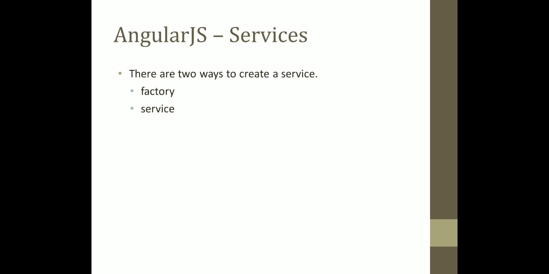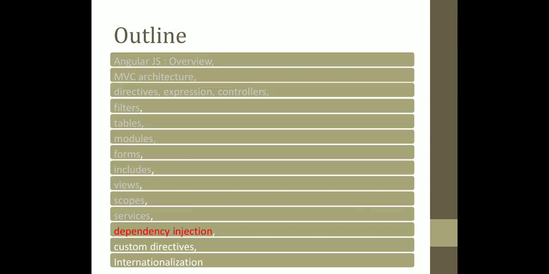Okay, so what is dependency injection, and custom directives plus internationalization, that we will continue with in the next session. For this session we have seen includes, views, scopes plus services. Okay, in services also there are two methods, factory service and service method.